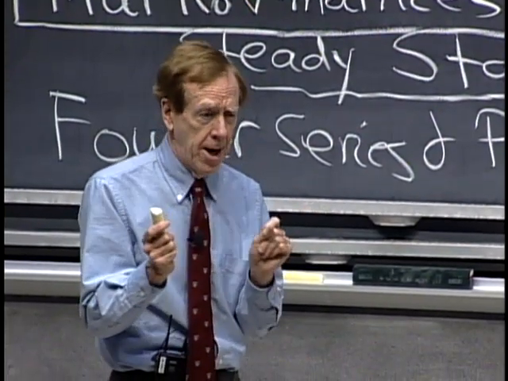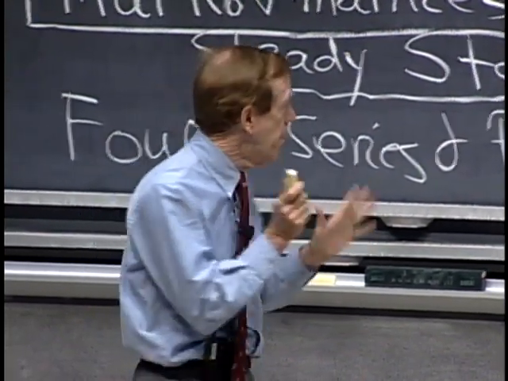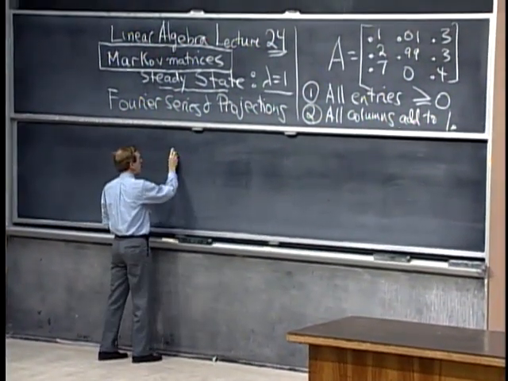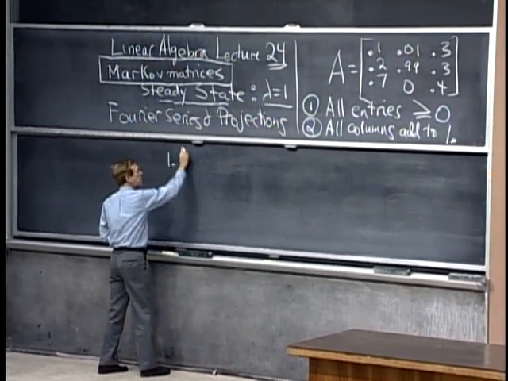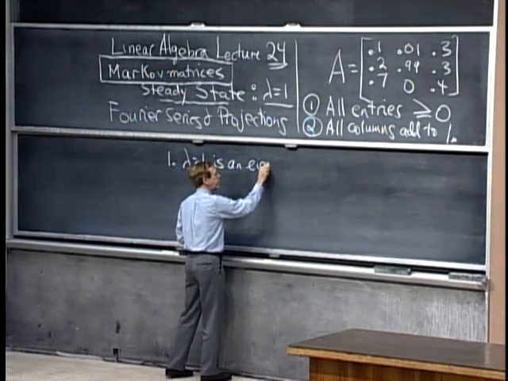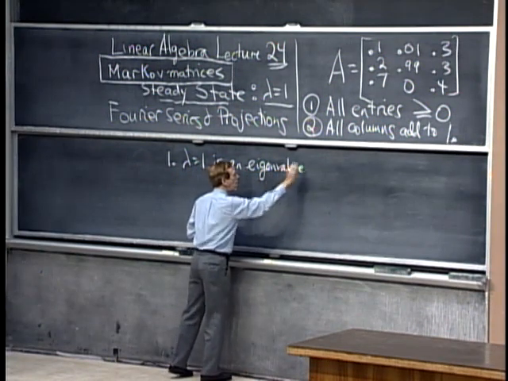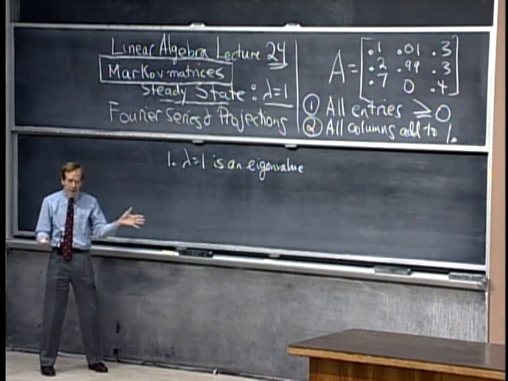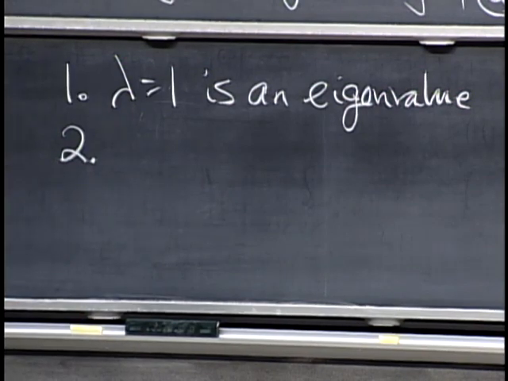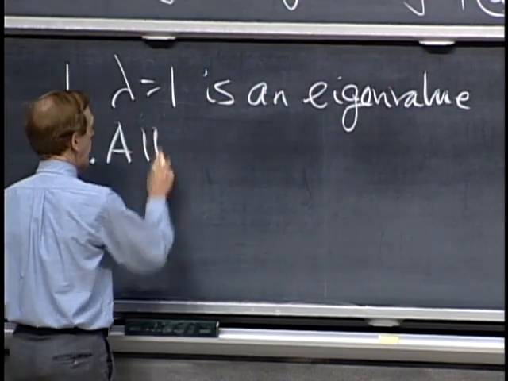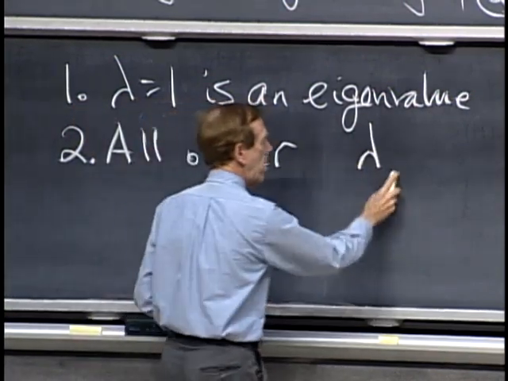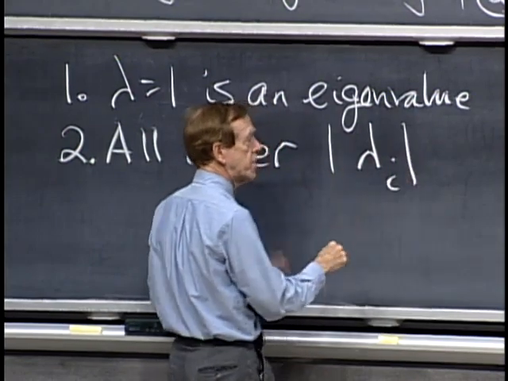And then the other thing is, so the key points, let me write these underneath. The key points are: lambda equal 1 is an eigenvalue. I'll add an additional key point, thinking about eigenvalues: key point 2, all other eigenvalues are in magnitude smaller than 1.